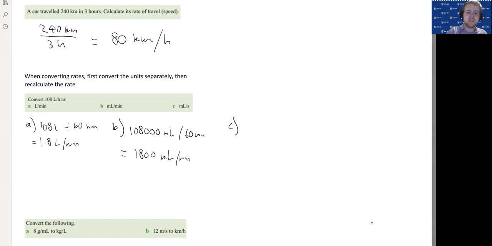Okay, and then for C, milliliters per second, so it's going to be 108,000 milliliters. But the amount of seconds in 60 minutes, we're just going to times it by 60 again, and we get 3,600 seconds.